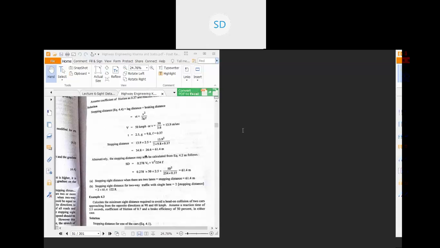It's very simple. Just put all these values in the equation and you will get the SSD value.